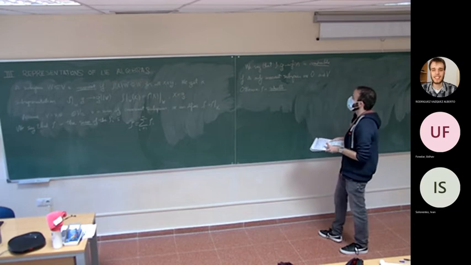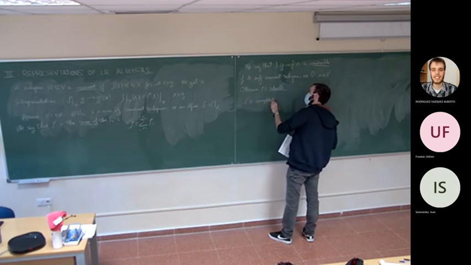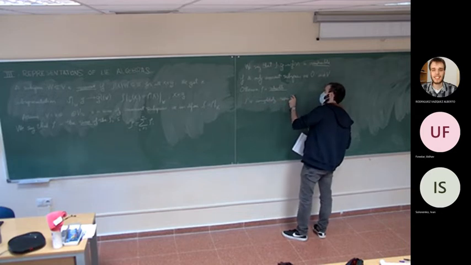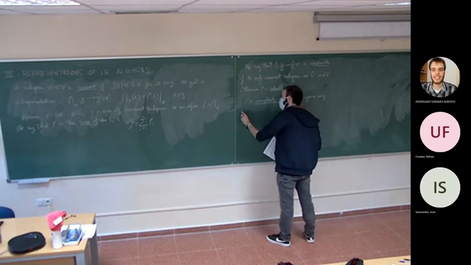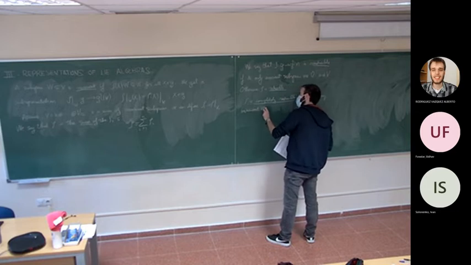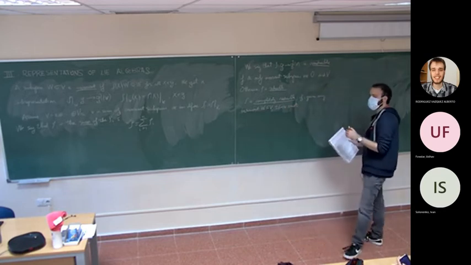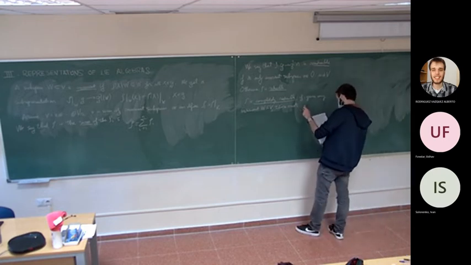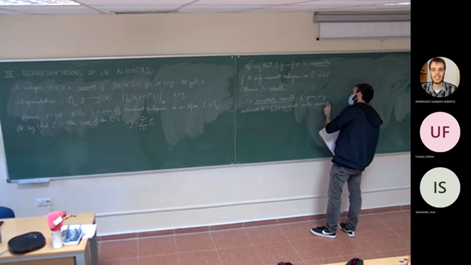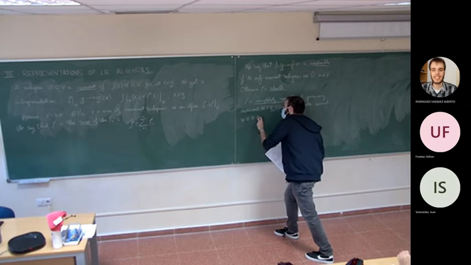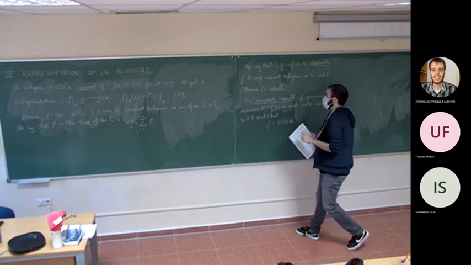Okay. And on the other hand, we will say that rho is completely reducible if given any invariant subspace W of V, there exists another invariant subspace W prime, which is complementary to W, such that V decomposes as the sum of the invariant subspaces.